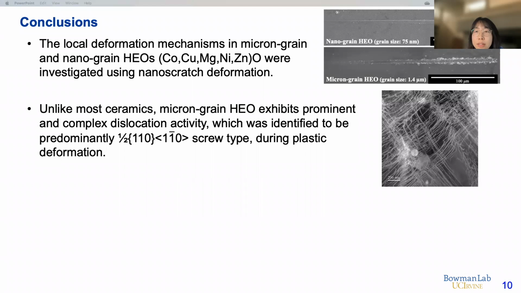The considerable dislocation activity observed in the micron-grain HEO was identified to be predominantly screw type half 110, 1-bar-10 dislocations, which indicates that this HEO has potential for dislocation-based ductility as well as strain hardening.